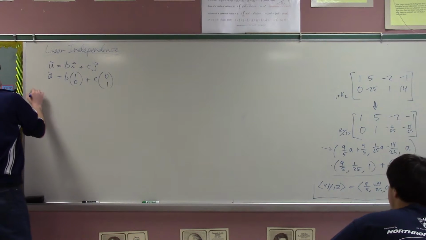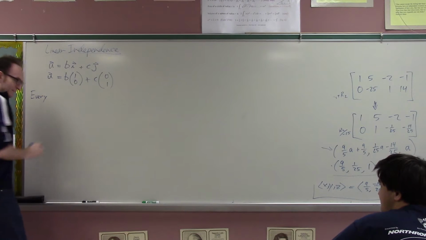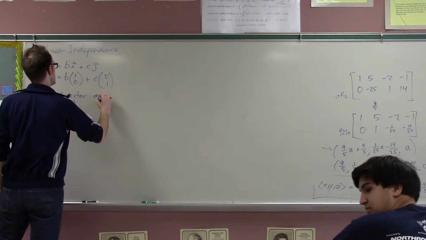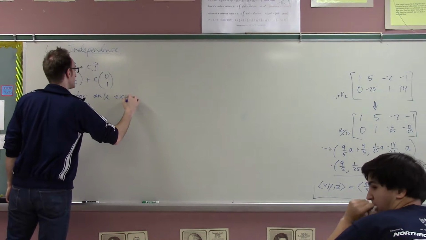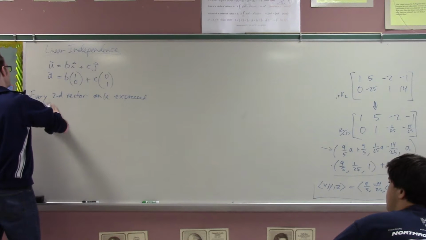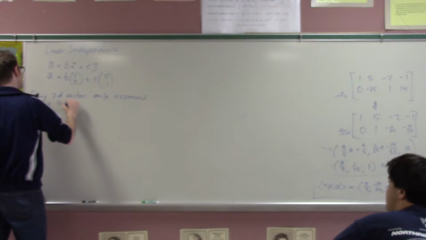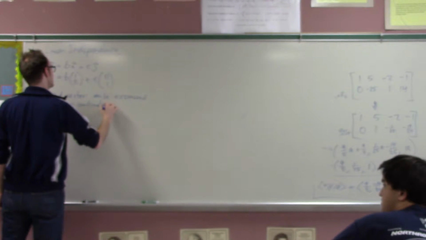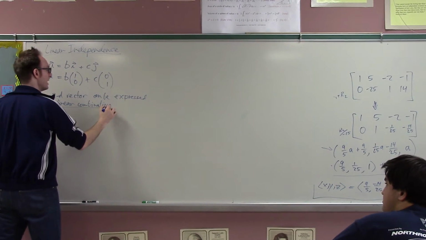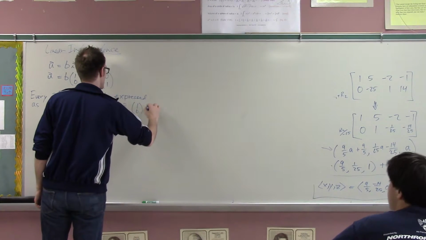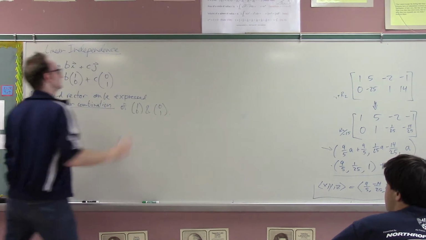Okay, so we say, here comes the vocab, every 2D vector can be expressed as a linear combination of the vectors 1, 0 and 0, 1.